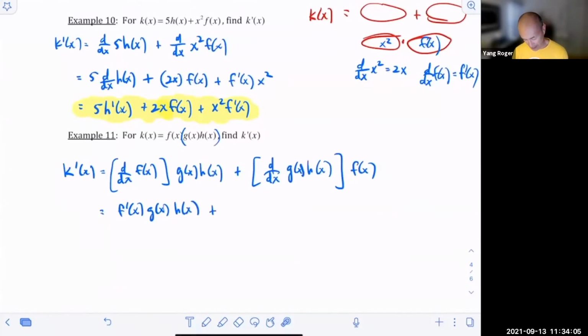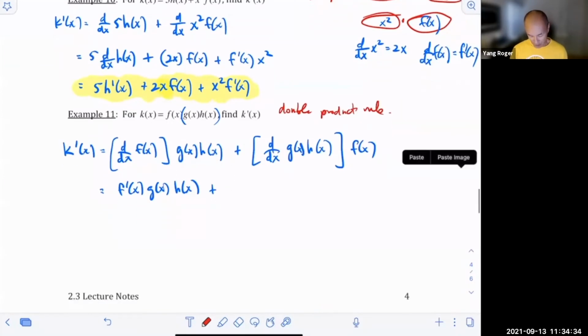And now we got to evaluate what's inside the square bracket. So is it clear to you guys what rule we need to use to do this guy? This is also a product rule. So this question is a double product rule. So we need to use the product rule here.